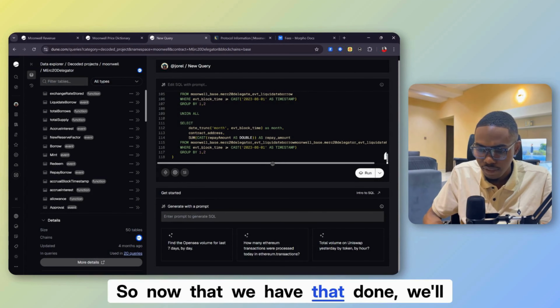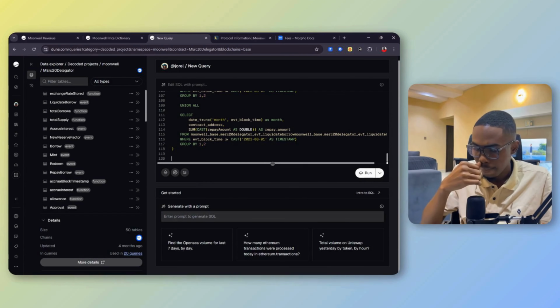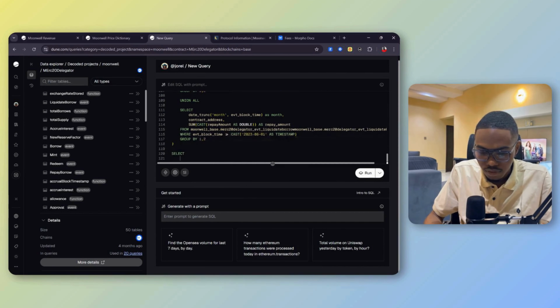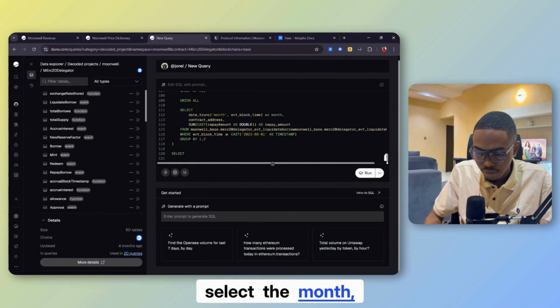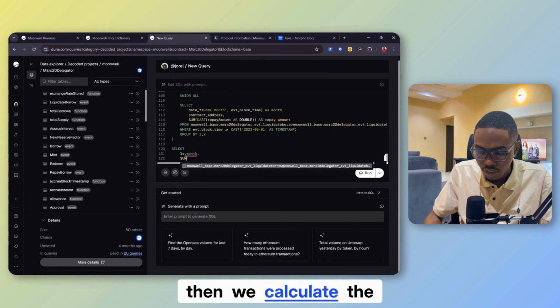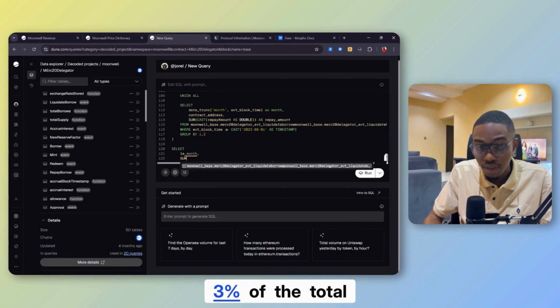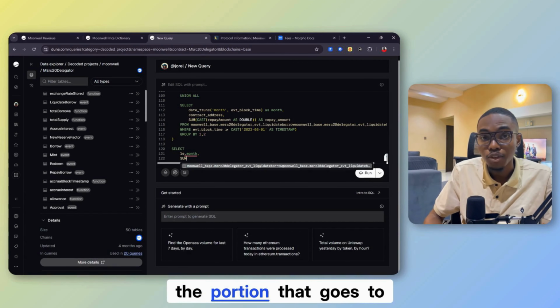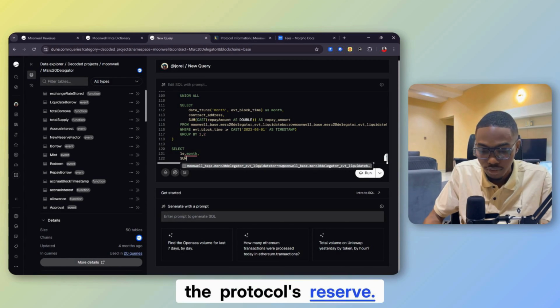So now that we have that done, we write a final select clause. Select the month. Then we calculate the 3% of the total repay amount, which is the portion that goes to the protocol's reserve.